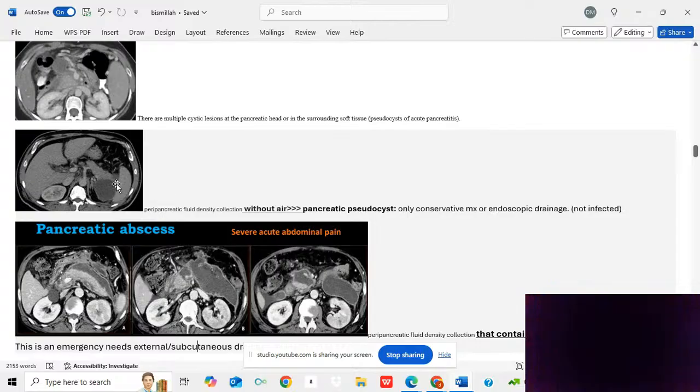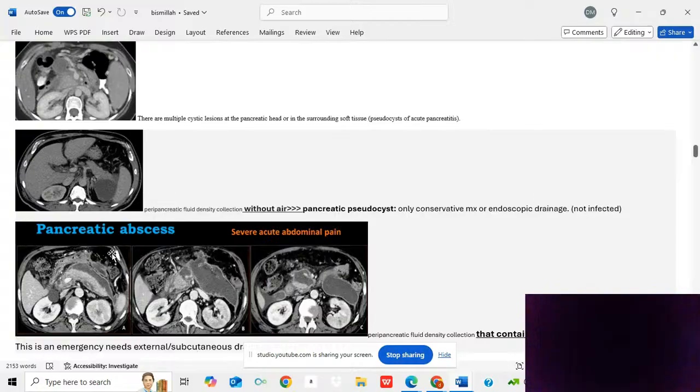So when you see just a peripancreatic collection containing fluid density without the presence of air, this is a pancreatic pseudocyst. Okay, so that's it. Pancreatic pseudocyst is only treated by conservative management or endoscopic drainage, because it's only a kind of collection of enzymes, as long as it's not infected.